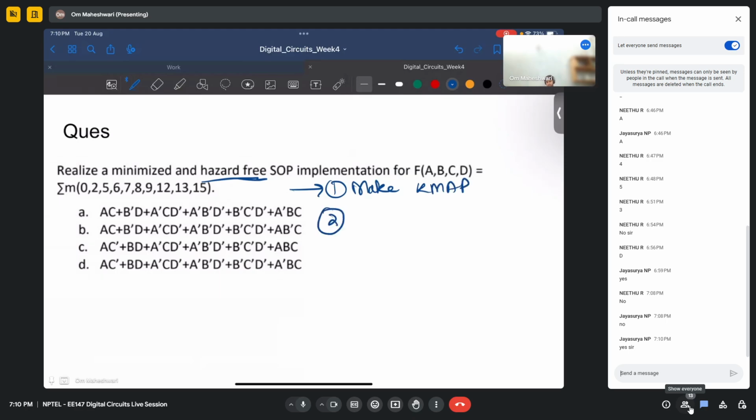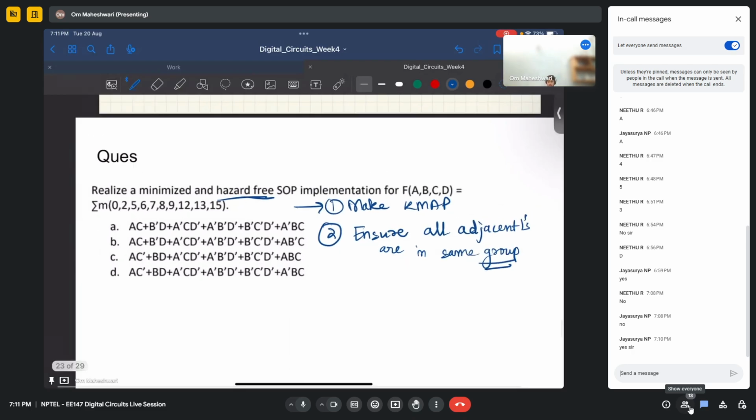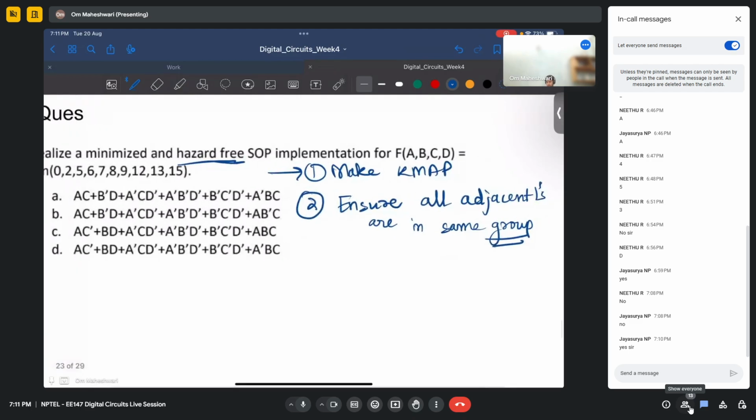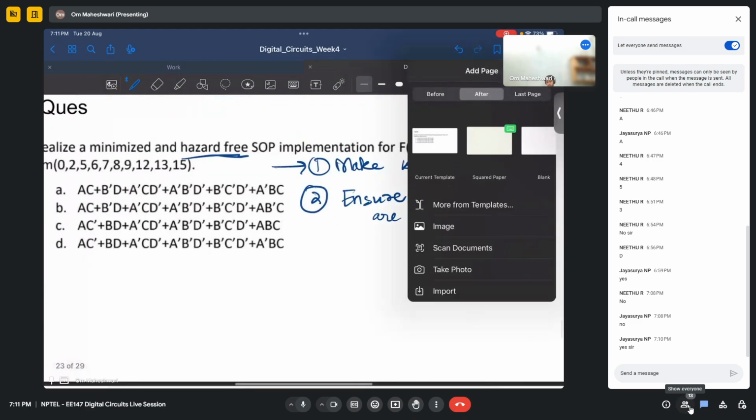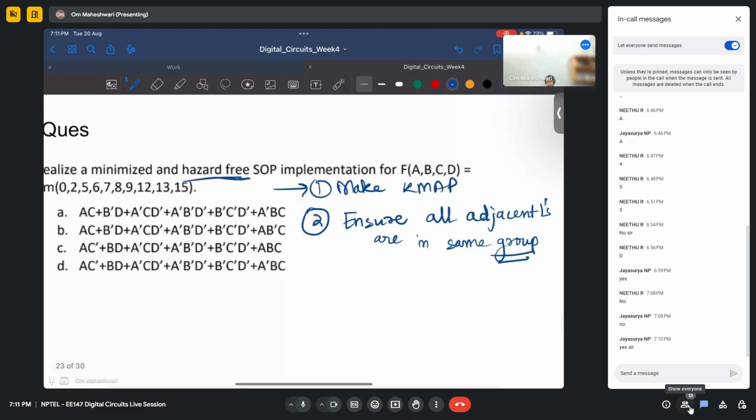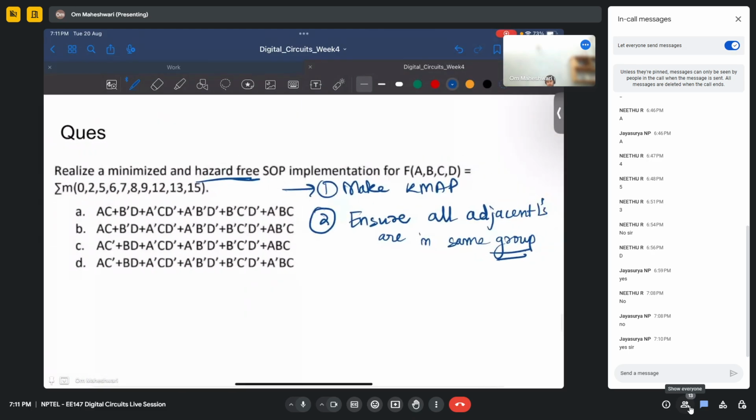Two is you ensure all adjacent ones are in the same group. You ensure this, right? Okay, first attempt this, then we will see.